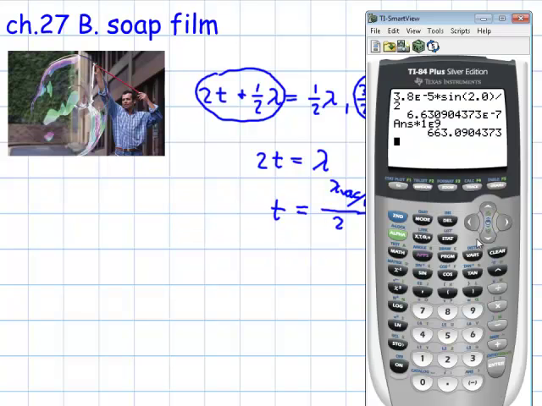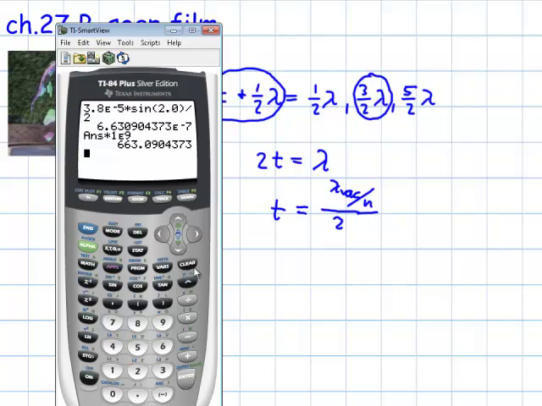So I'm going to plug in these numbers, and I'm going to come up with that the vacuum wavelength for the green light is where they want to have destructive interference, which is 551 nanometers. 551 divided by the index of refraction for water, which is what soap film is made out of, divided by 2, and that then gives a thickness of 207 nanometers for that one.